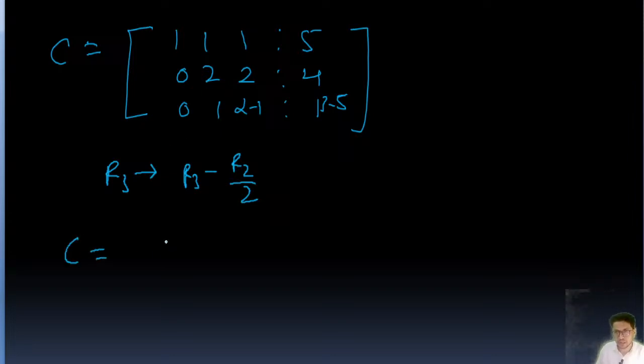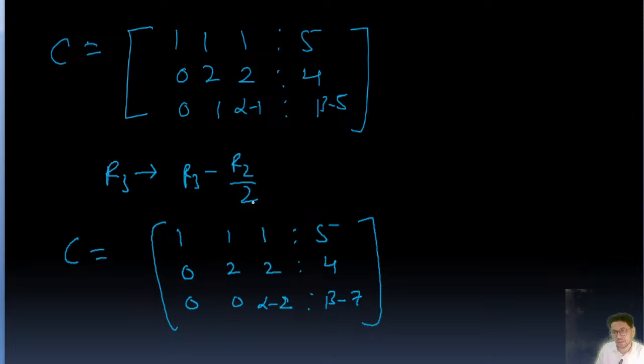So the matrix is going to be 1 1 1 5, and this is 0 2 2 4, and this part is 0 0, and this is going to be alpha minus 2, and this is going to be beta minus 7. Okay, because we have done this operation.